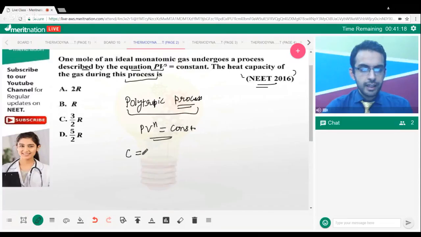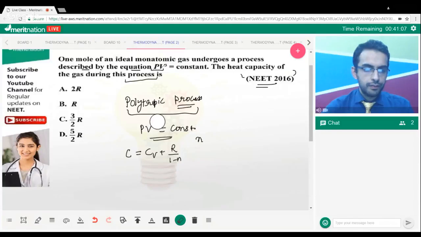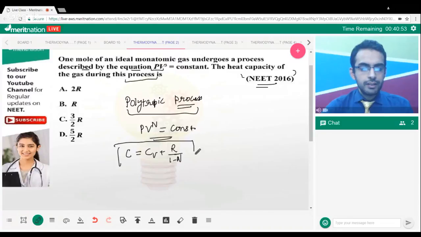Simply we write C is equal to CV plus R by 1 minus N, where N, let's take it as capital N because you may get confused with the number of moles, is the power raised to V. This is the formula by which we find the specific heat capacity.